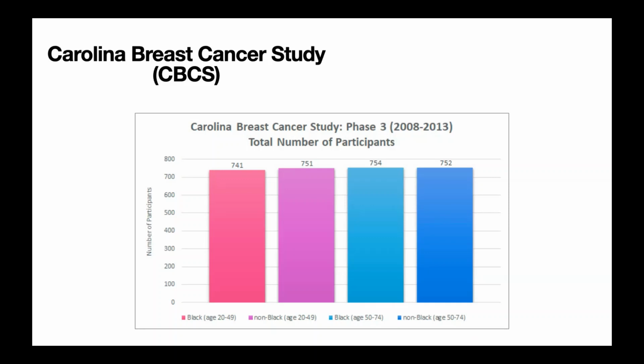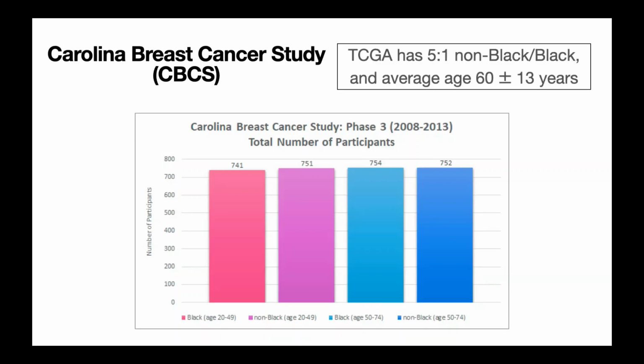In this, we have non-Black as the other category here for self-reported race. It's predominantly women who self-identify as white. So that's the majority of the non-Black category. And then there's also divisions by age: 20 years to 49 years or 50 plus.